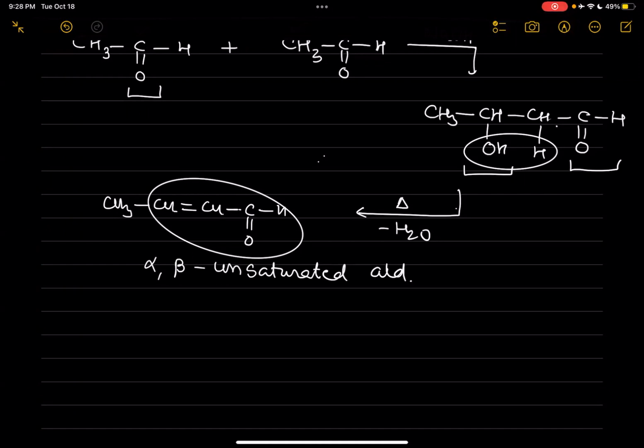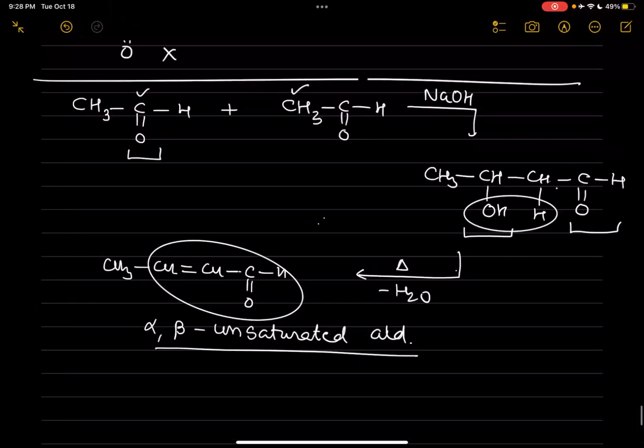And this one is called, sir? This is alpha beta unsaturated aldehyde or ketone. The last one was called aldol or ketol.